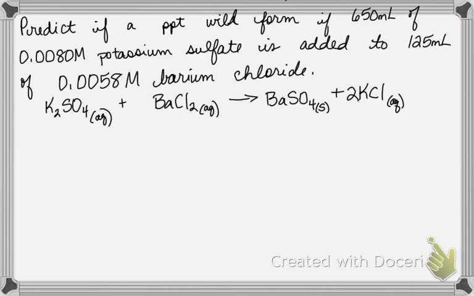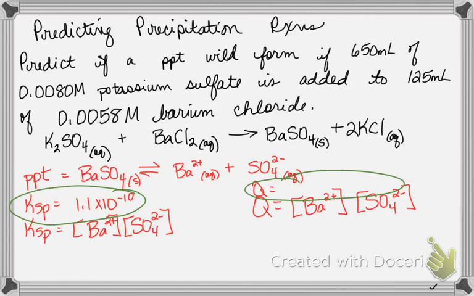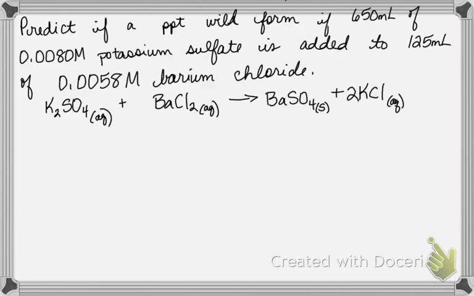Okay, to calculate Q, we need to know the concentration of barium in this solution and the concentration of sulfate in this solution. I'm still calculating Q, but the concentration of the barium comes from the barium chloride.